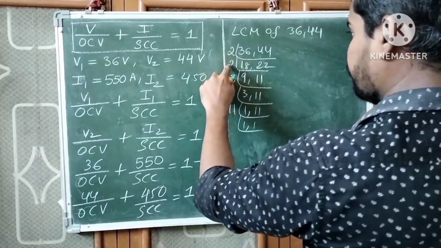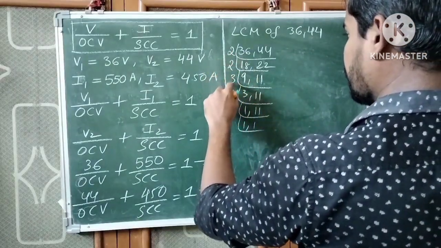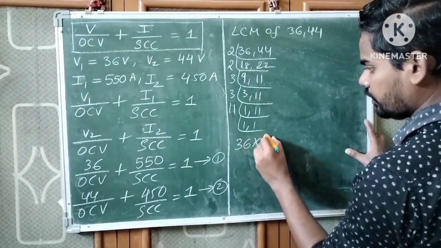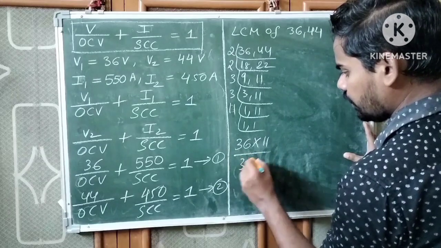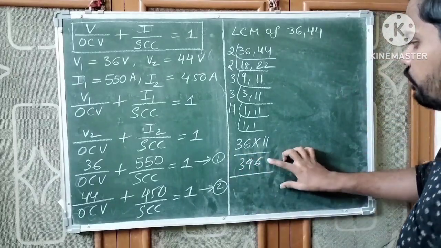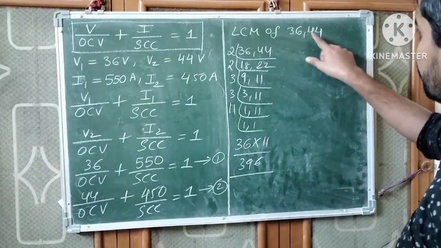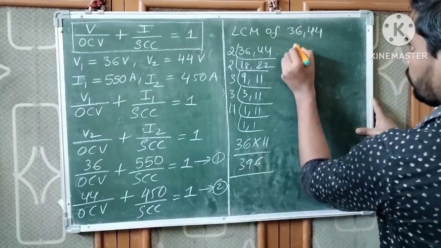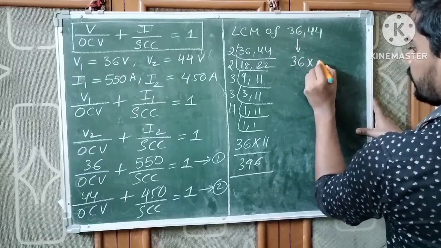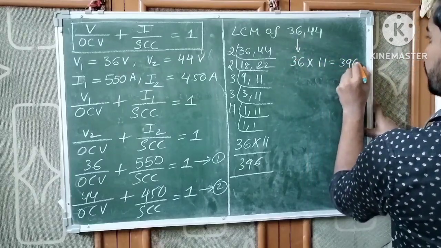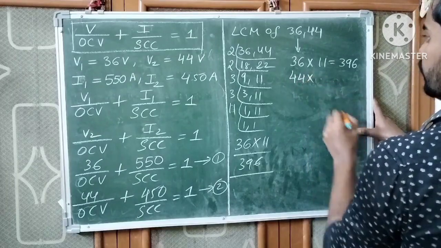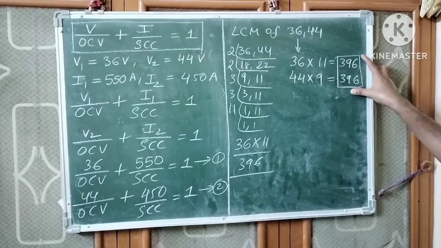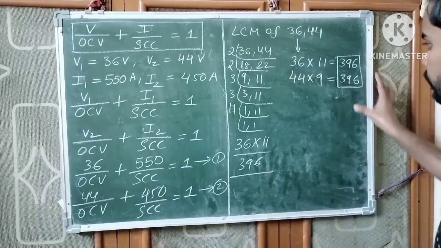Now multiply: 2 2s are 4, 3 into 3 is 9, 4 9s are 36, 36 into 11 is 396. So the LCM of 36 and 44 is 396. Remember, 36 11s are 396 and 44 9s are 396. So 396 is the least common multiple of 36 and 44.